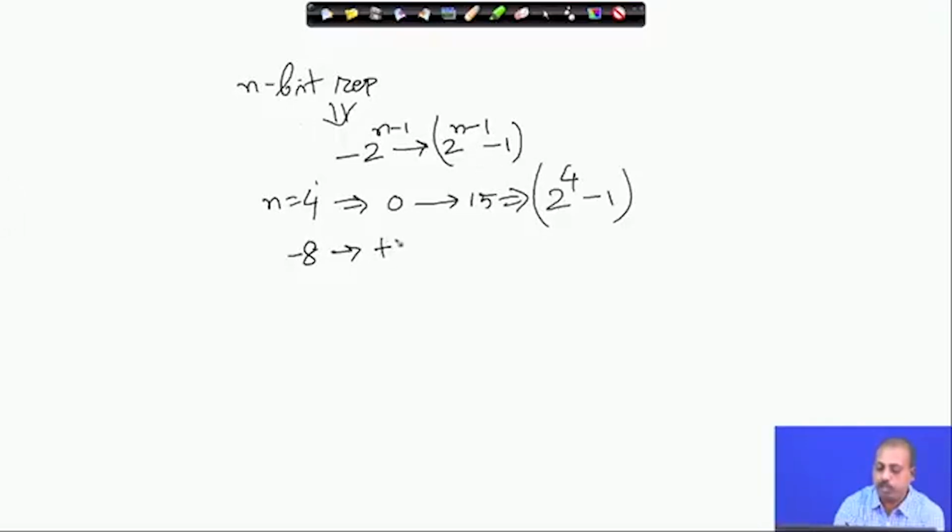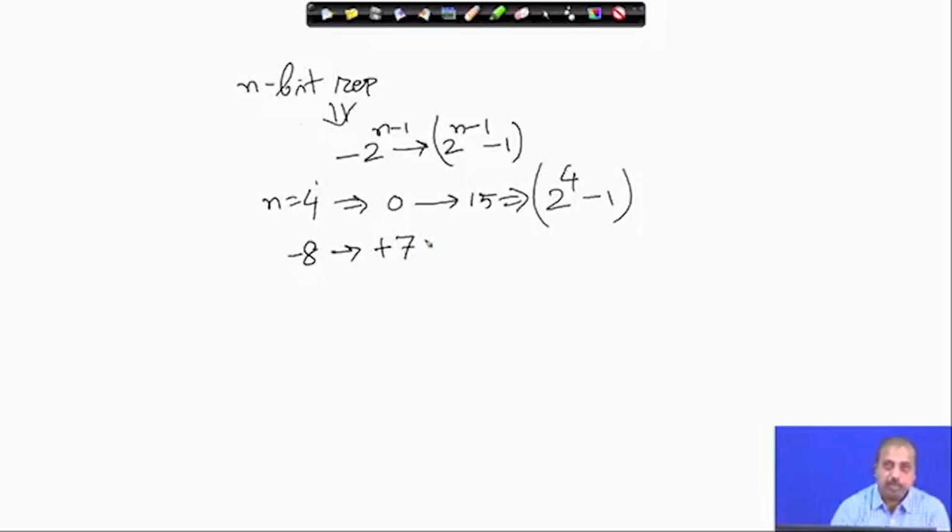So, you can go from minus 8 to plus 7. The rest of the numbers cannot be represented using a 2's complement number system in n bit. If you want to represent larger numbers, then you have to increase the value of n. So, you have to represent it using more bits in the number system. This way we can do this thing.